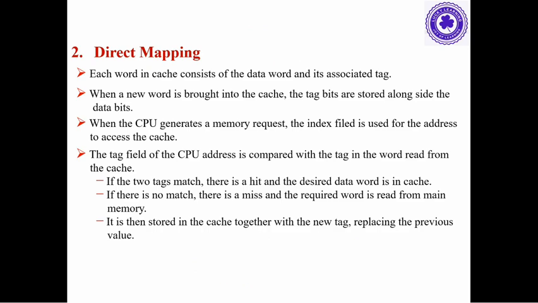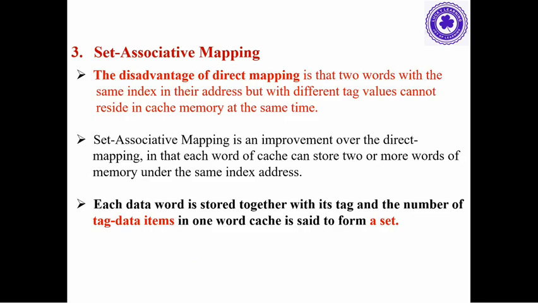So we'll discuss that here. The disadvantage of direct mapping is that two words with the same index in their address but with different tag values cannot reside in the cache memory at the same time. So what we have to do is, instead of storing one word, store more than one word. Let us say tag 1, data 1.